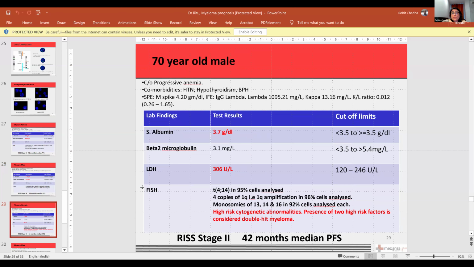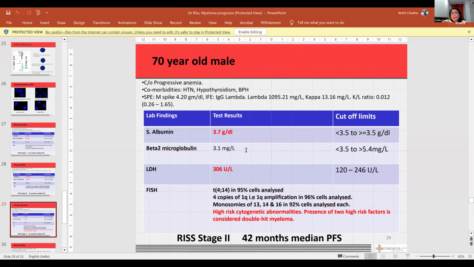Another case, a 70-year-old male, diagnosed with myeloma with all the criteria which have been described. Once the workup is done specifically for risk stratification, to know the overall survival or progression-free survival, here in this case the albumin was high.